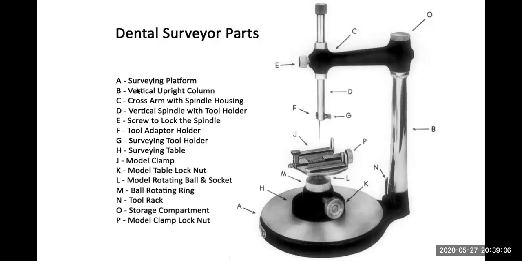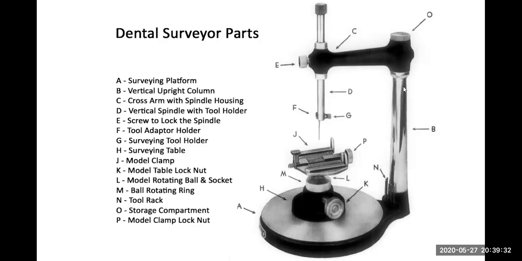The surveying platform, which is usually the base, is usually very wide and supportive of all other parts of the surveyor. Then the vertical arm usually connects the arm where you move to do your survey.